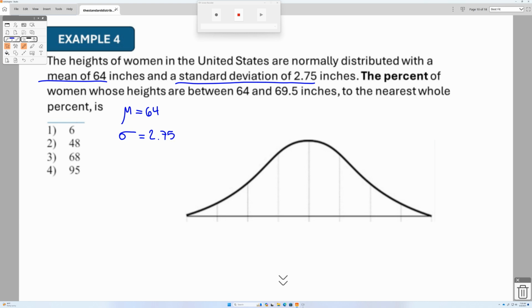What is the percent of women whose heights are between 64 and 69.5 inches? 69.5 is 2 standard deviations to the right of the mean.